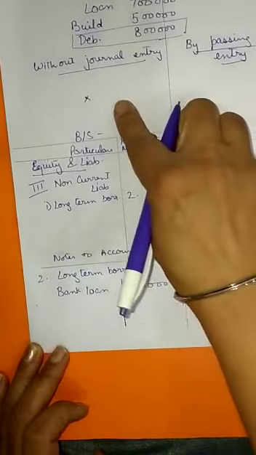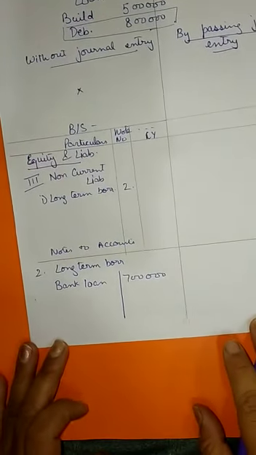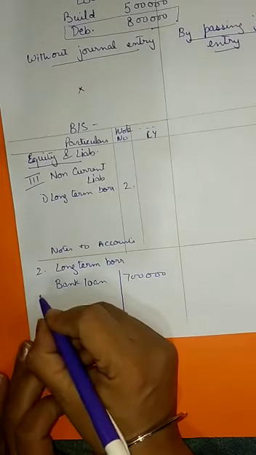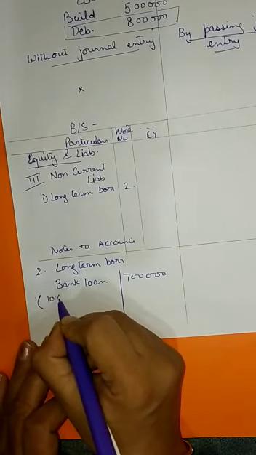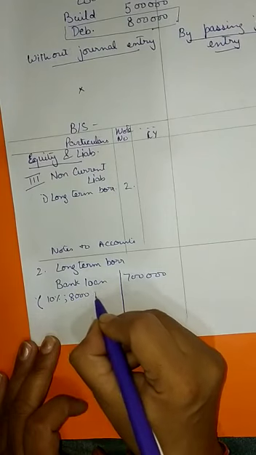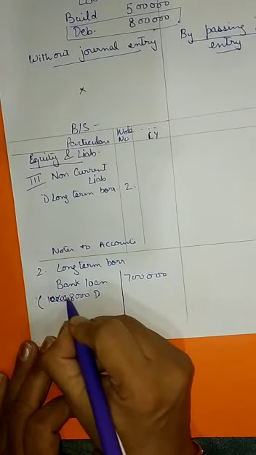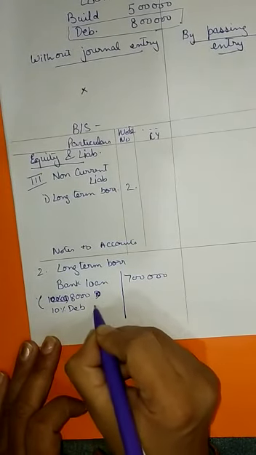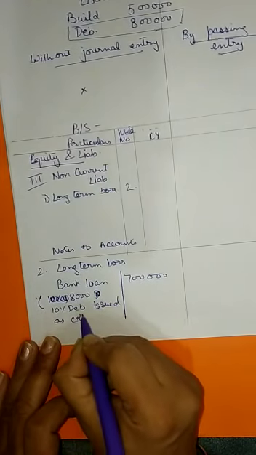Then since we have not passed a journal entry, you cannot show debentures, but the shareholders need to be informed about such debentures. So we write here, let us suppose they were 8,000, 10% debentures issued as collateral security.